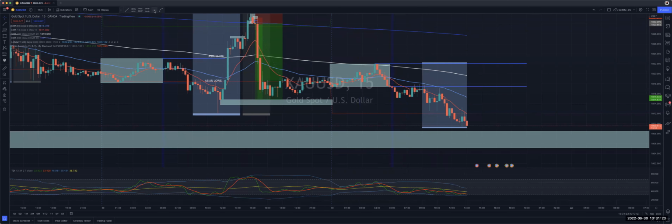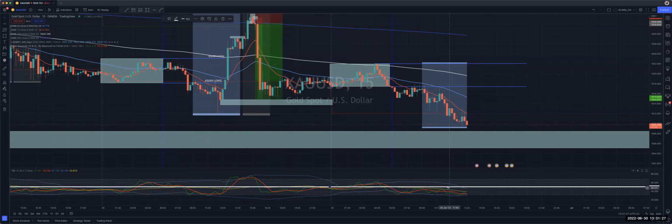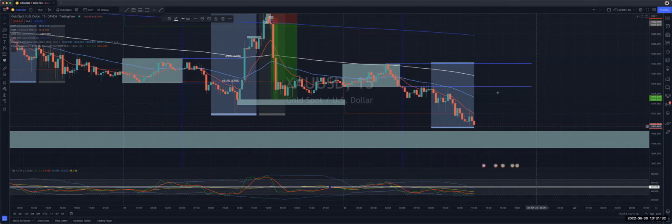For it to be valid, your price needs to be reacting off the 50 level on your RSI or TDI. Then on your chart, your price needs to be rejecting off the 50 EMA, just like this. So 1350 cross also, that's your IG 50. So these are all confluences showing you that, okay, today the price won't actually go up.